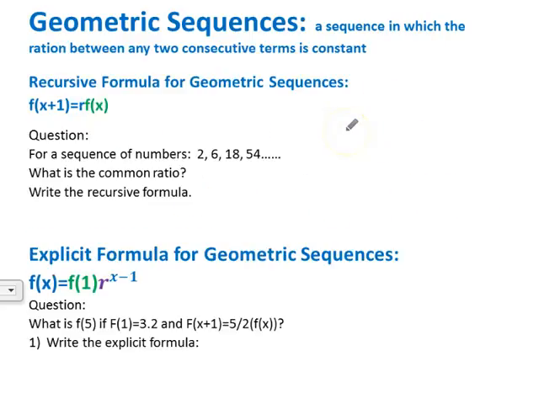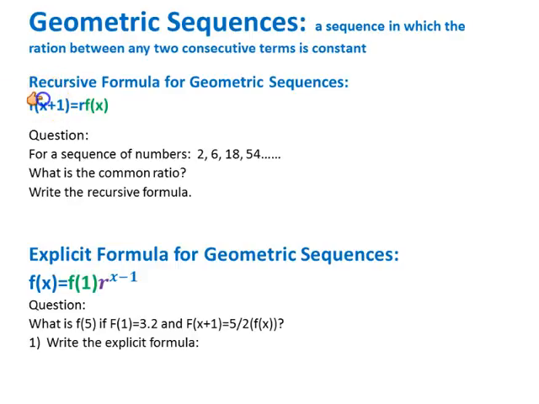All right, so in geometric sequences, we also learned how we can write a recursive formula to figure out what the next term would be in a geometric sequence. First of all, here is the recursive formula for a geometric sequence.